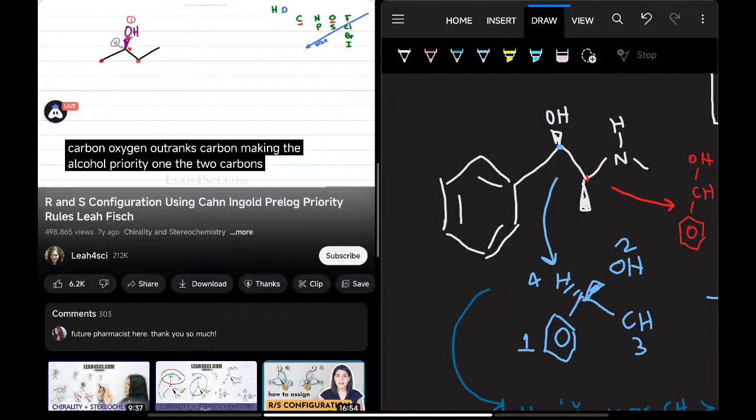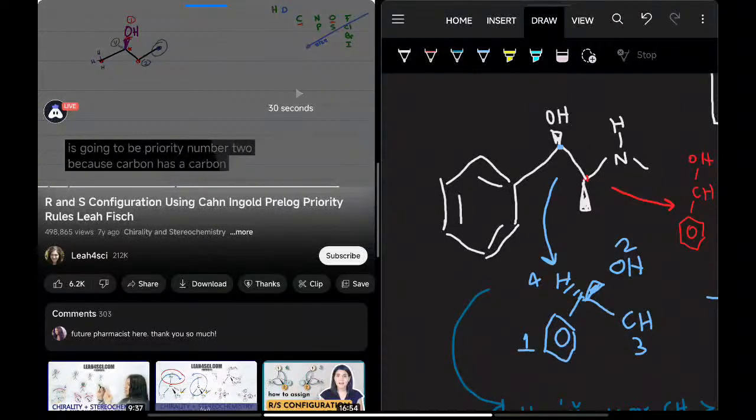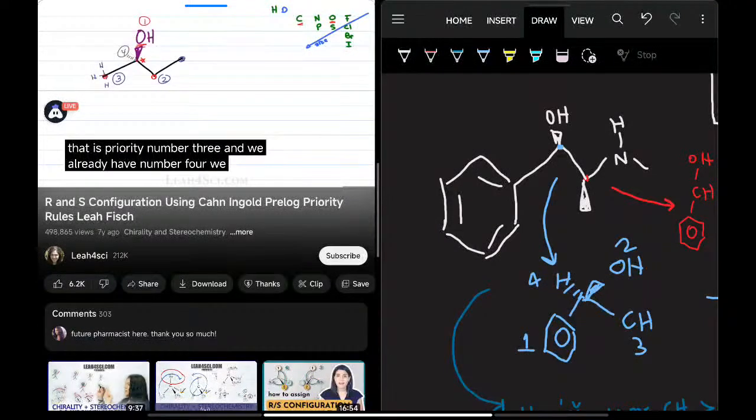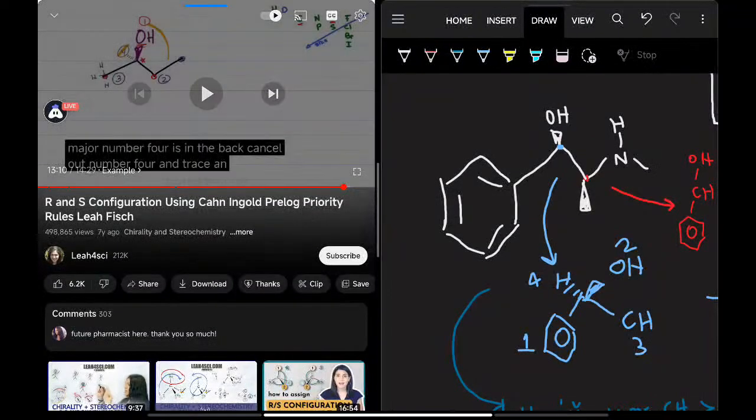The two carbons are the same, but remember you have to look at what else is on the chain. It has a carbon on it. The methyl group, remember, it's always second to lowest if you have a hydrogen present. That is priority number 3, and we already have number 4. We prioritized, made sure number 4 is in the back, cancel out number 4, and trace an arc.